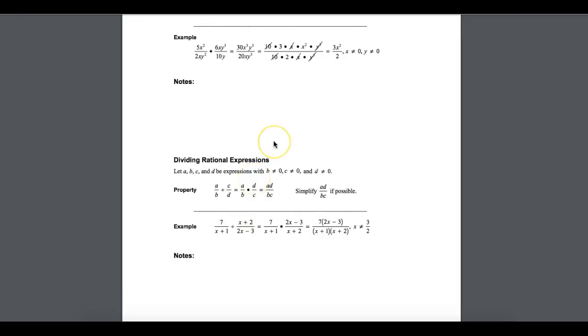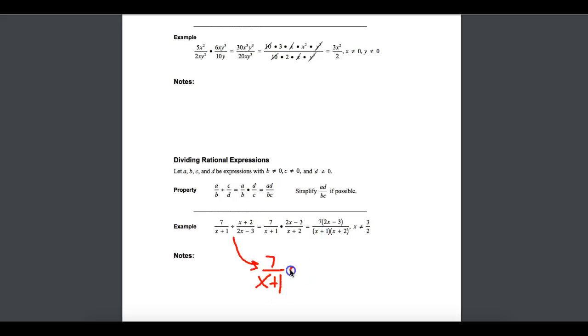One of my students last year told me something interesting. So let's just say we're doing this problem right here. What she said is a way to remember this is by remembering the term copy dot flip. Copy dot flip means you copy your first term down, so 7 over x plus 1.